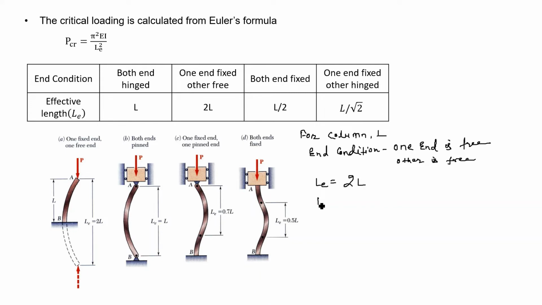So, the critical loading for this column will be pi square EI by LE square. So, pi square EI by effective length 2L square. So, it may be written as 1 by 4 pi square EI by L square.